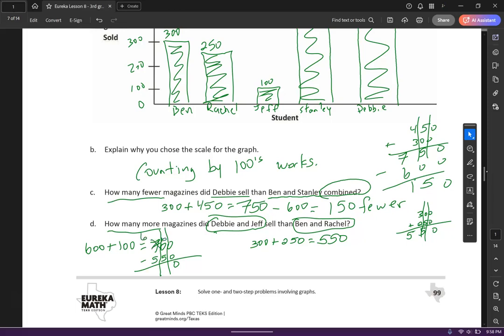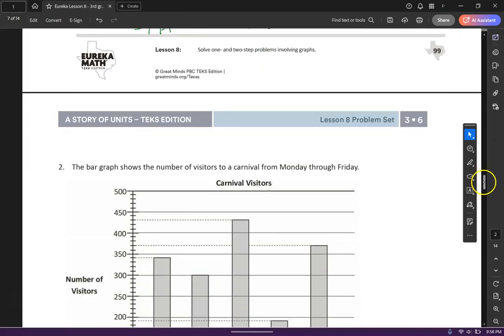My 0 is going to turn into a 10. Count up: 5, 6, 7, 8, 9, 10. Then 1, 2, 3, 4, 5. And 1. So it's 150 more. Okay. Alright, next page.